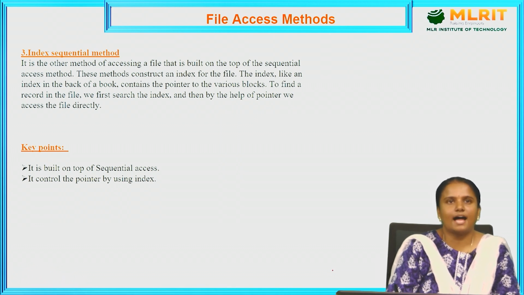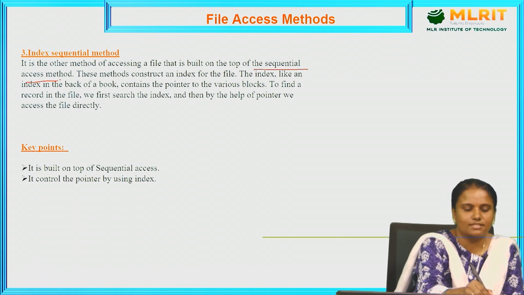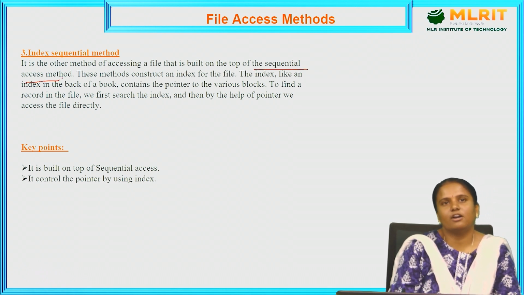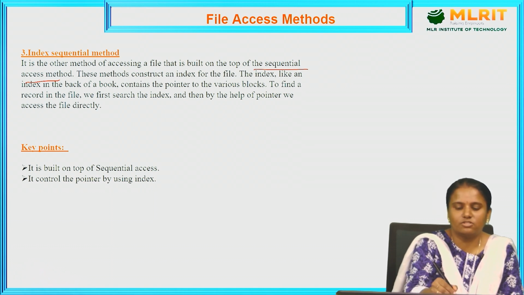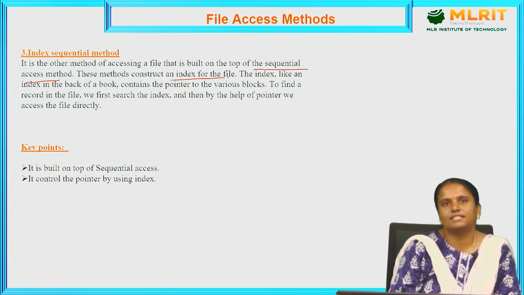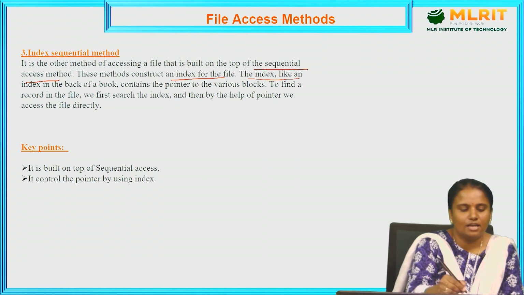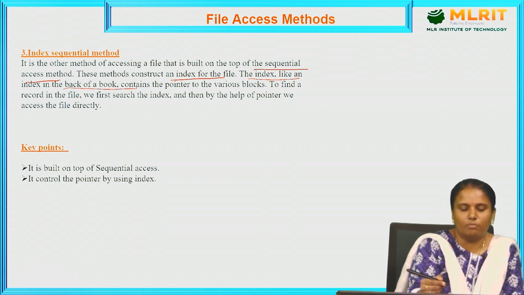It is another method of accessing a file that is built on top of the sequential access method. These methods construct an index for the file, so it consists of index numbers for some files. The index, like an index in the back of a book, contains pointers to the various blocks.